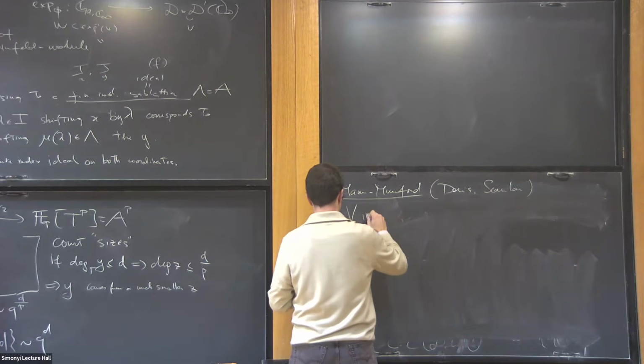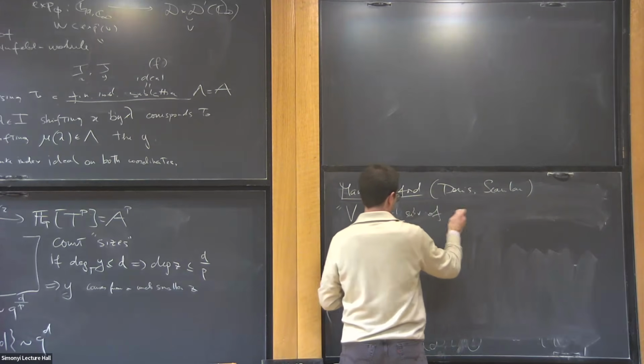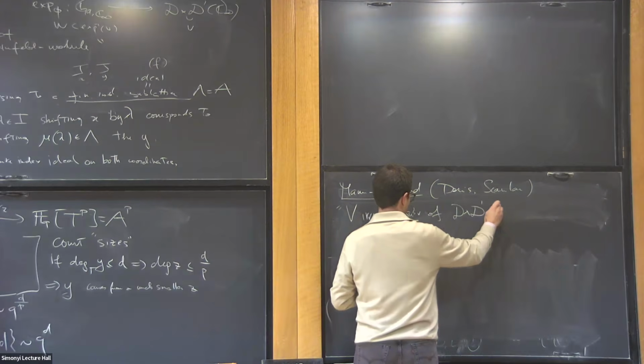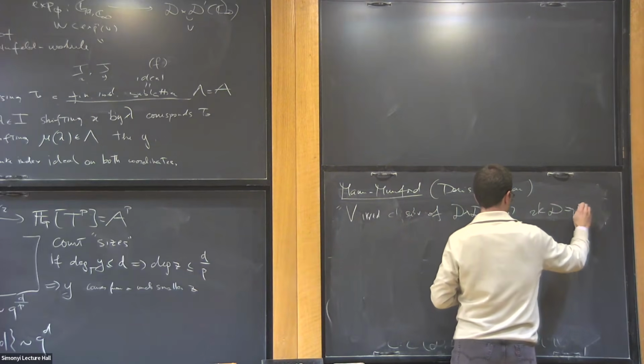We have an irreducible closed subvariety V of B times D' over C_infinity, and I assume the same rank.